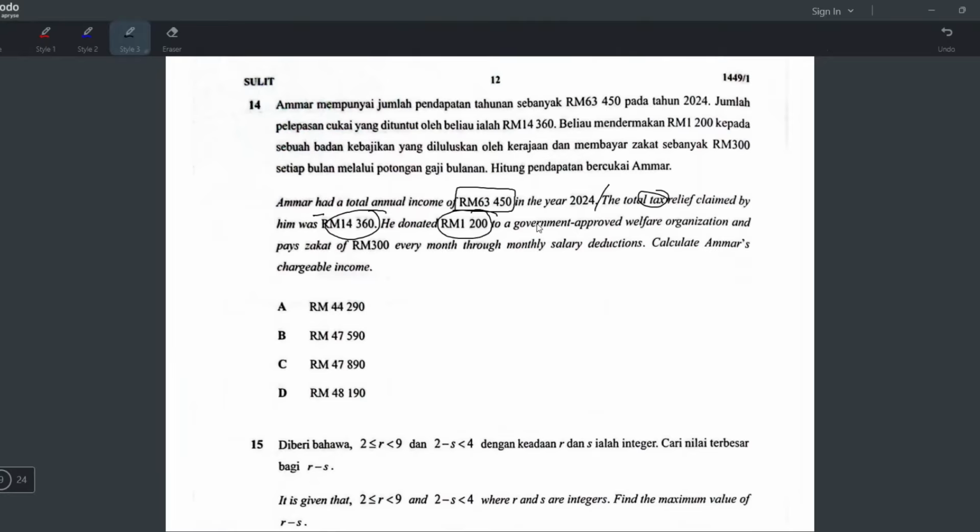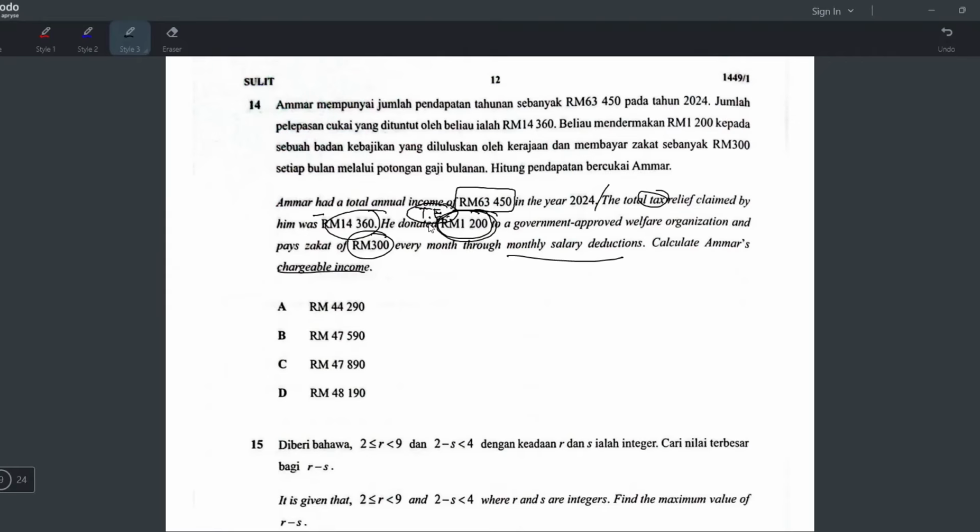Okay, he donated 1,200 to a government approved welfare organization and pays zakat 300 every month through monthly salary deduction. Calculate Amar's chargeable income. Okay, the donation is a tax exemption. I hope you know this, because for tax questions, donation almost always comes out.